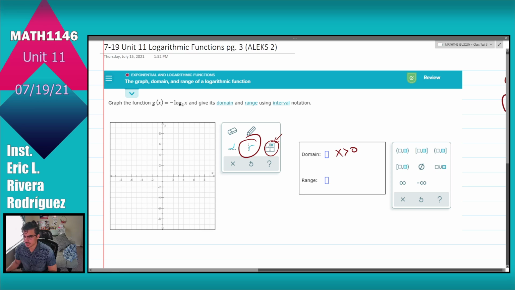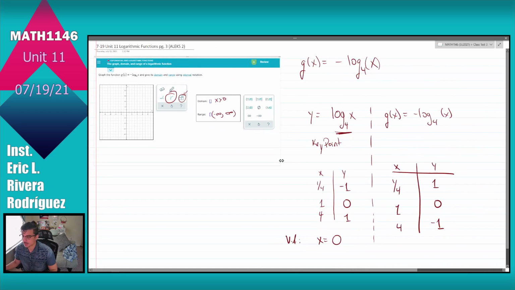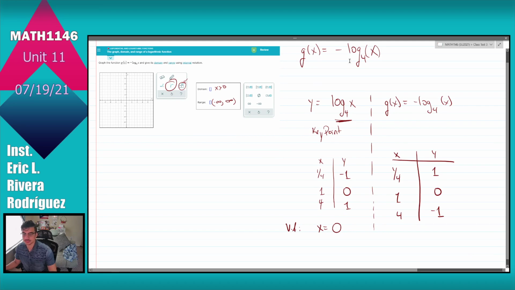Here you need to translate this into interval notation to write your answer. And the range, remember that logarithmic functions do not have restriction on the range, so the range is going to be all real numbers. Questions?